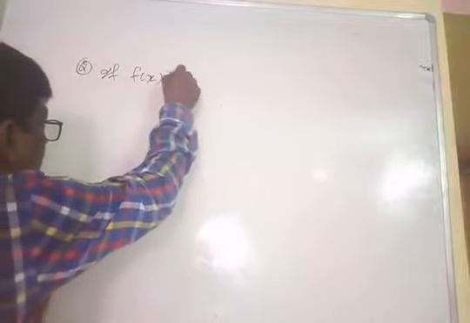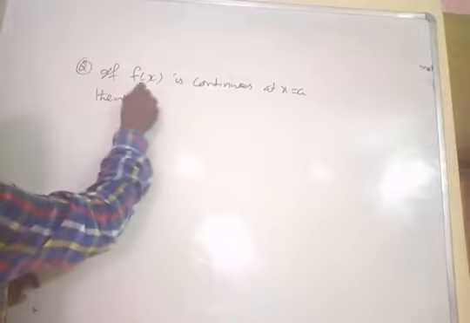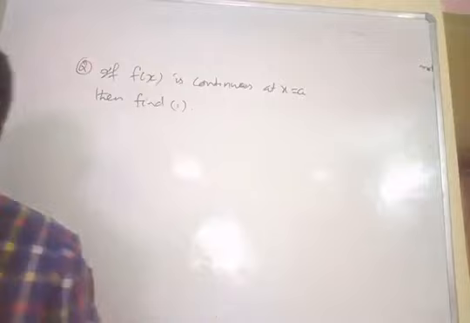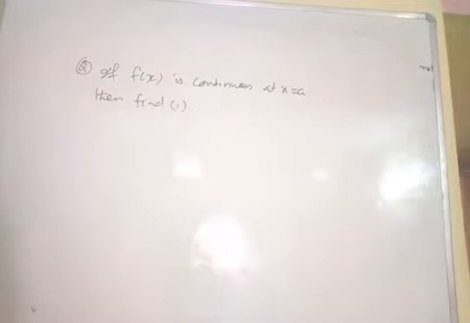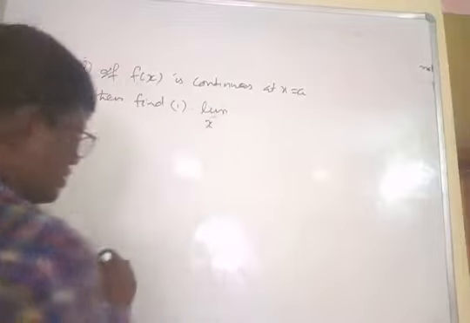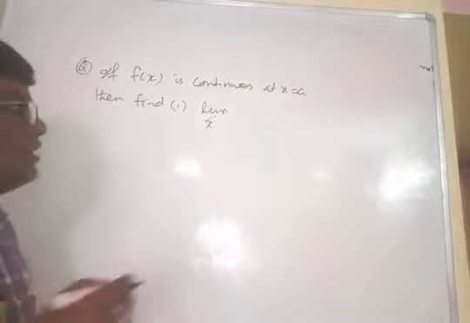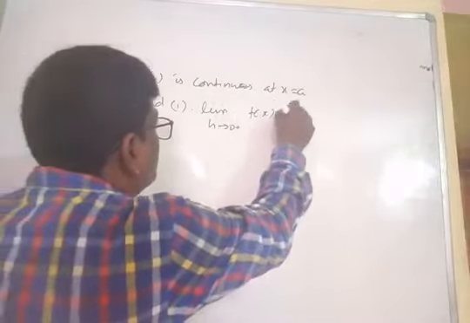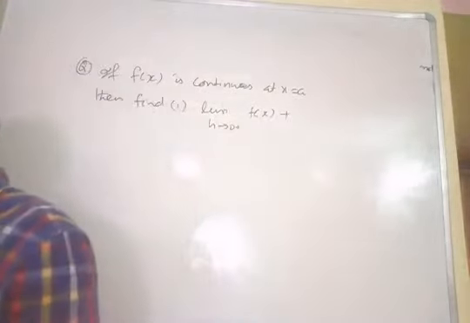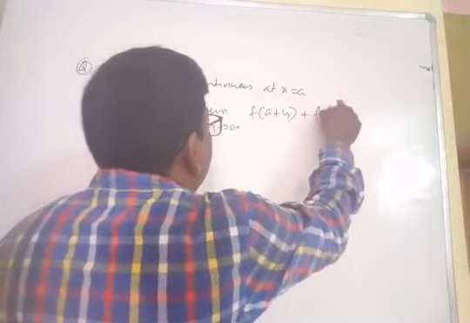If f of x is continuous at x is equal to a, then find: number 1, limit h tends to 0 plus half of f of a plus h plus f of a minus h.